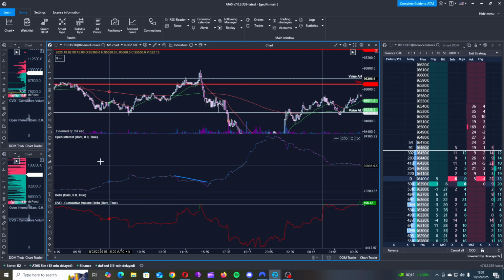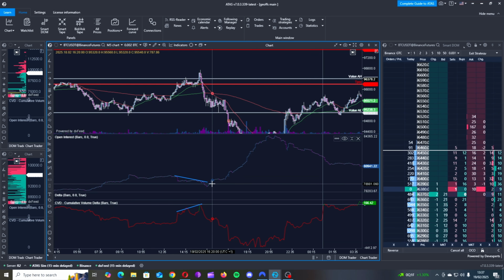This open interest is slowly declining as price is going up. Okay? Cumulative volume delta is going up slowly as open interest is going down.